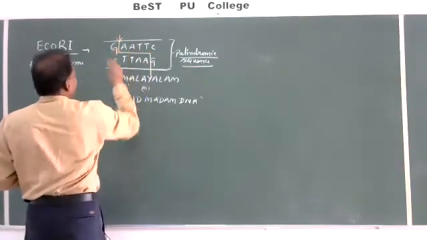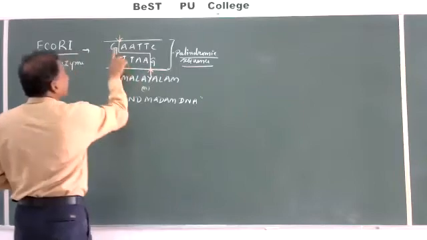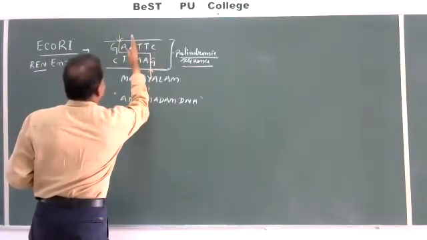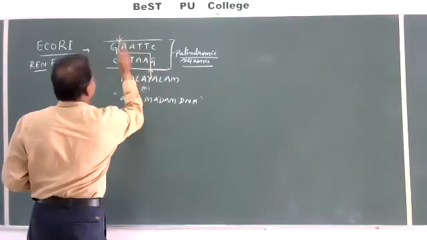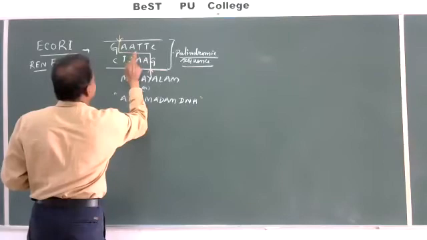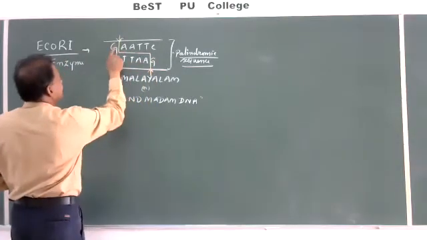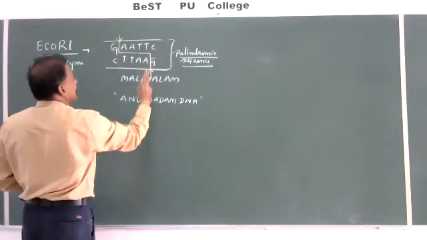Here backbone, here backbone. It is not cutting in the half. It is just away from the center, but between the same two bases. GA here, also GA, it will cut.